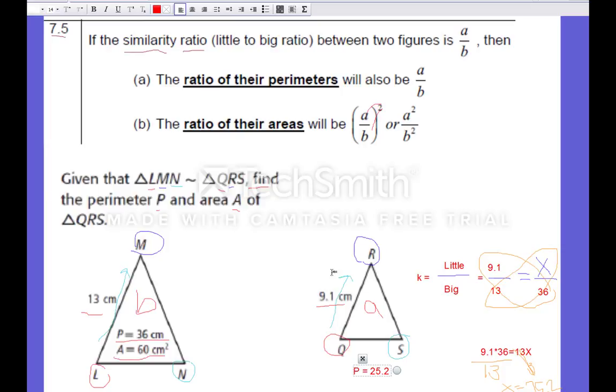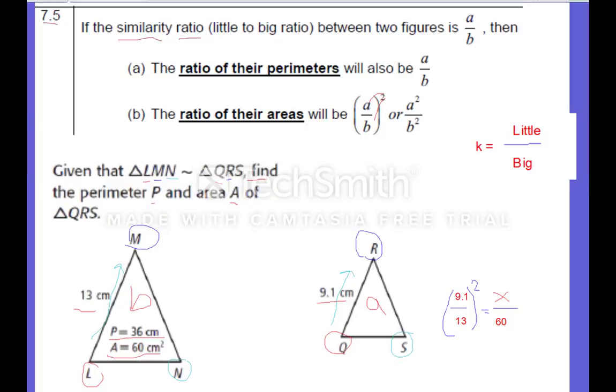So now the last step I need to do is find my area. Now area is going to be a little more complicated because I'm going to square it, but I can make this really simple. What I did was I just remembered that I'm still using a scale factor little to big, but now I'm squaring it.